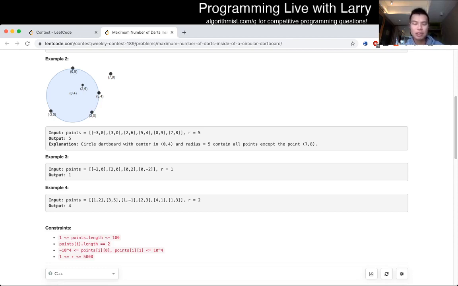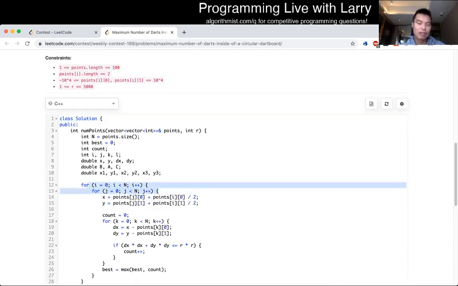You could do some math to prove that 3 points uniquely determine a circle, and from that you just brute force. Given that n is equal to 100, this is n squared times the cost of counting, which is n.